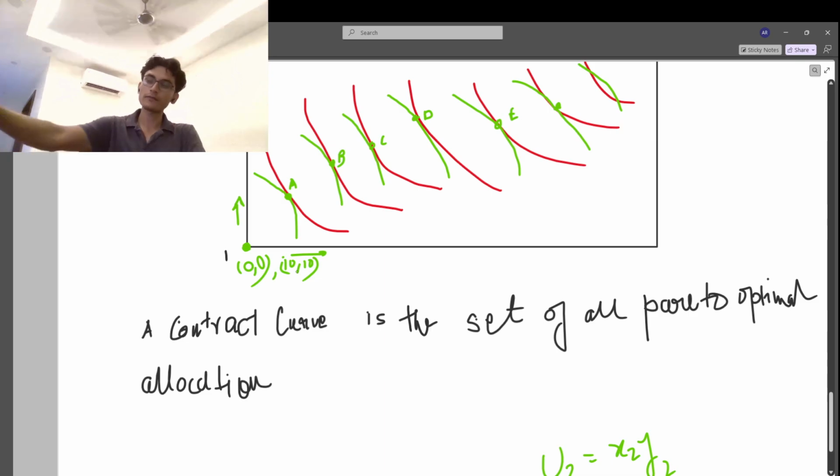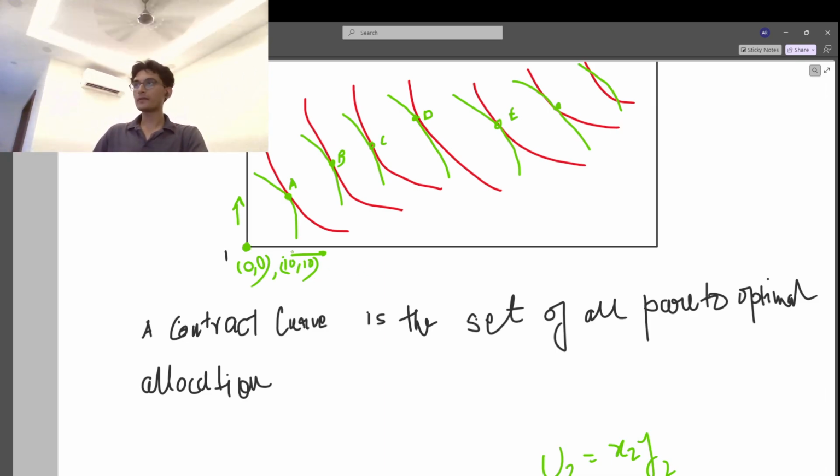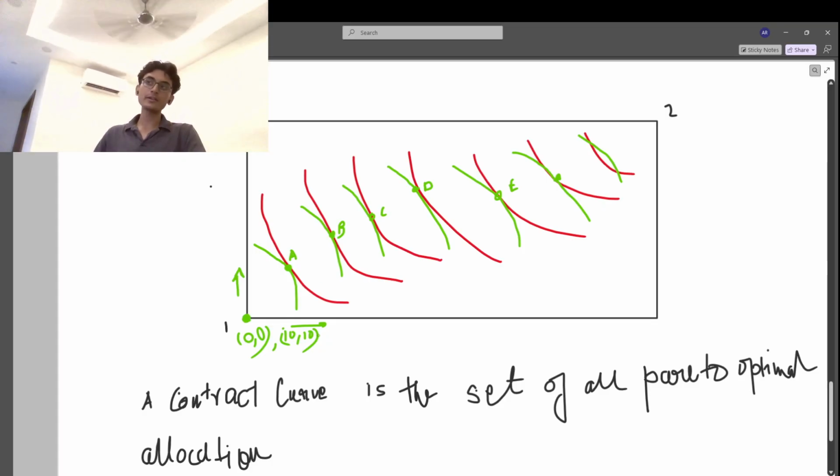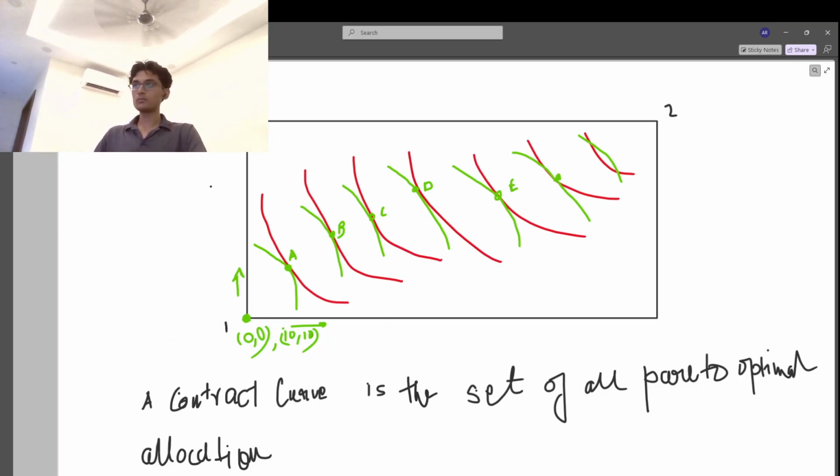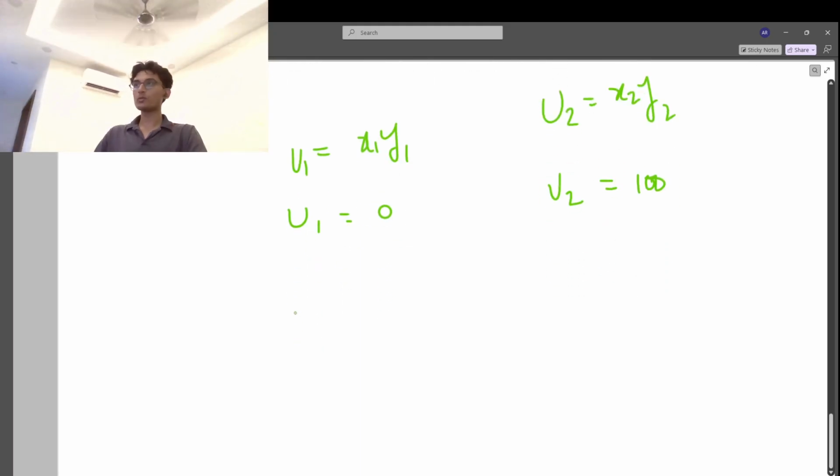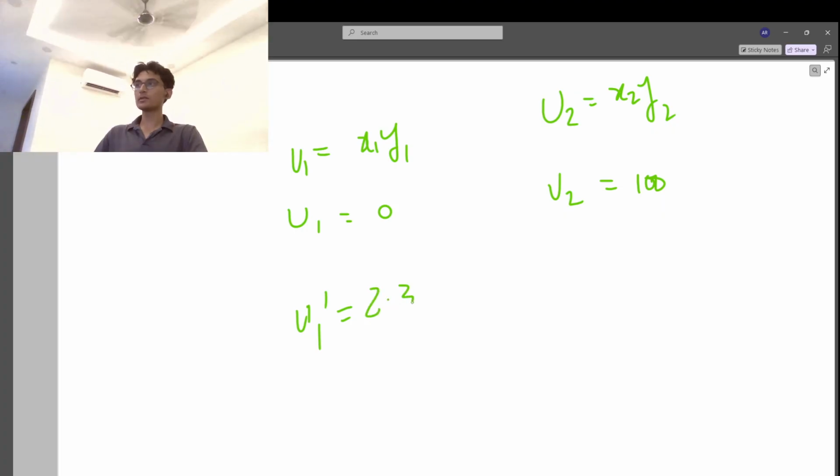If you take some units of x and some units of y, let's say you take 2 units of x and 3 units of y from individual 2 and transfer them to individual 1, individual 1 now has 2 units of x and 3 units of y, 5 units in total.